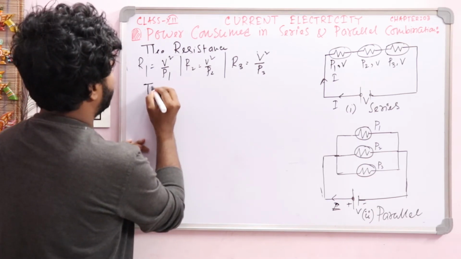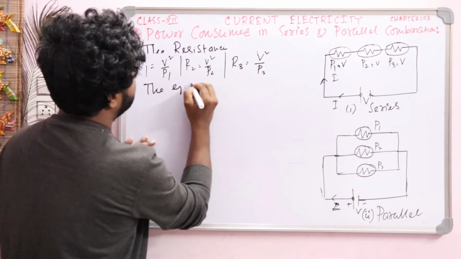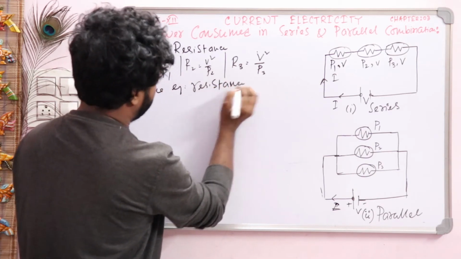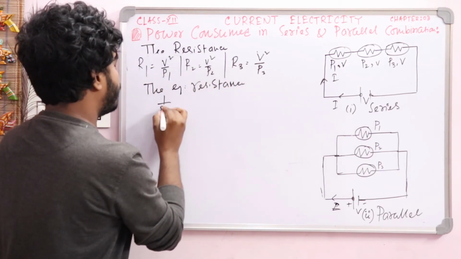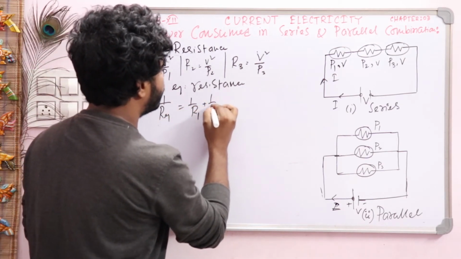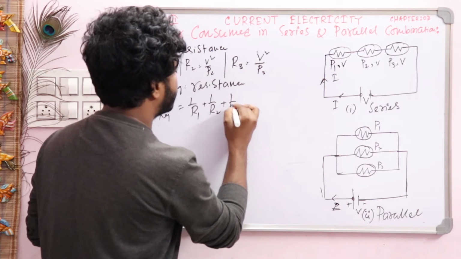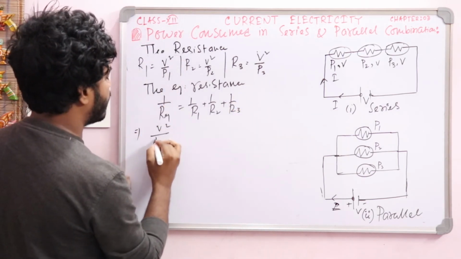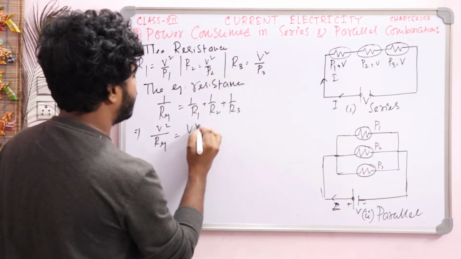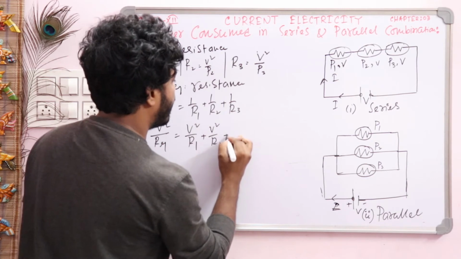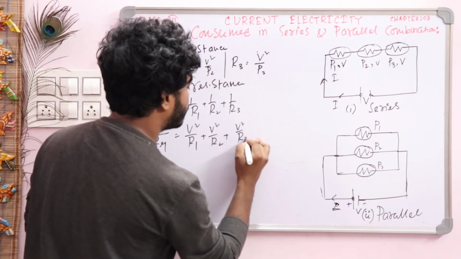Now R1, R2 and R3 are connected in parallel, so the effective resistance, or you can say equivalent resistance, 1 by R equivalent will be 1 by R1 plus 1 by R2 plus 1 by R3. Now multiply both sides by V square. That is V square by R equivalent equal to V square by R1 plus V square by R2 plus V square by R3.